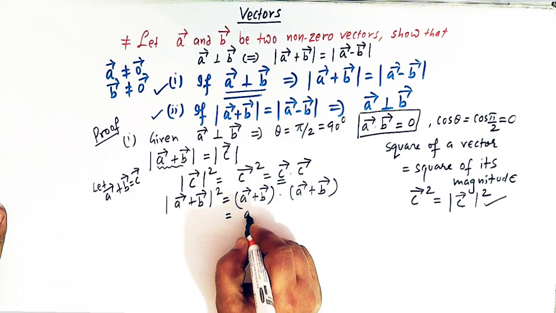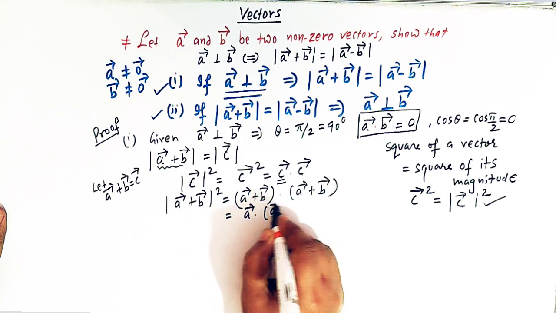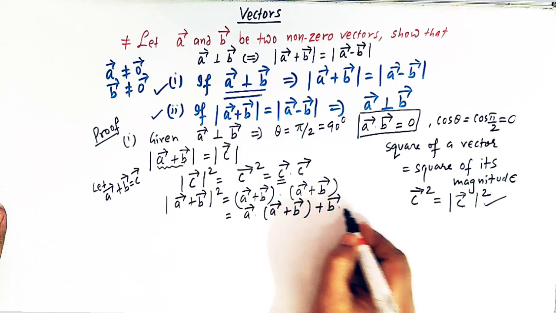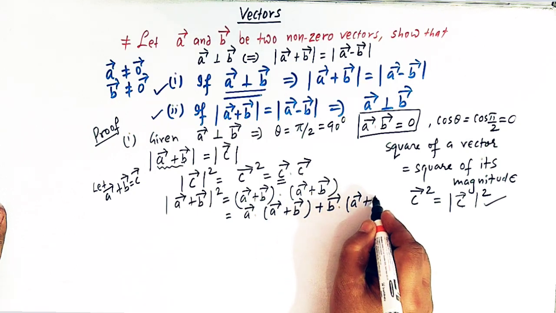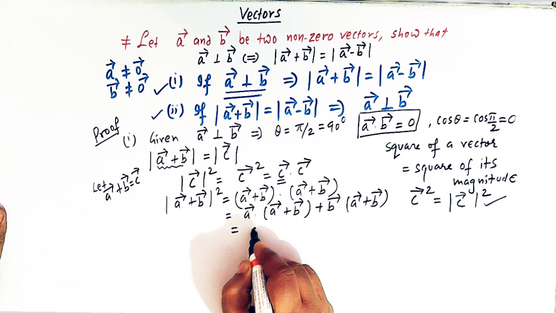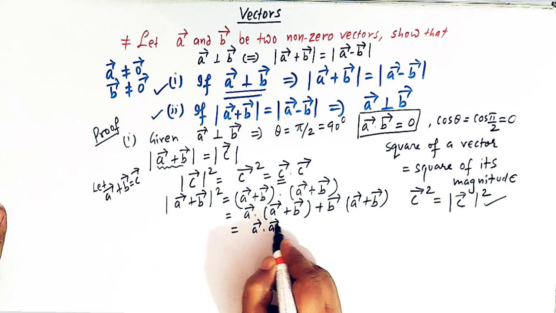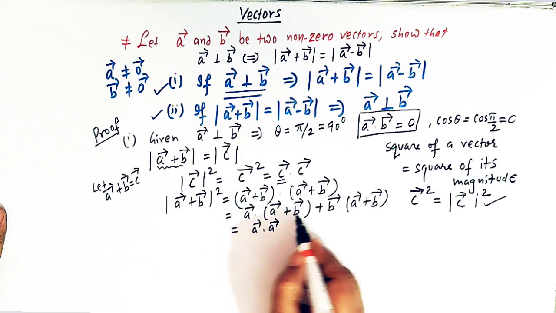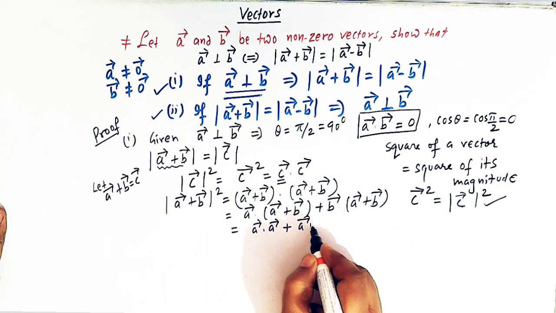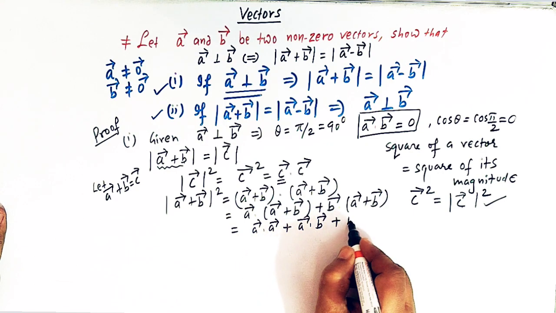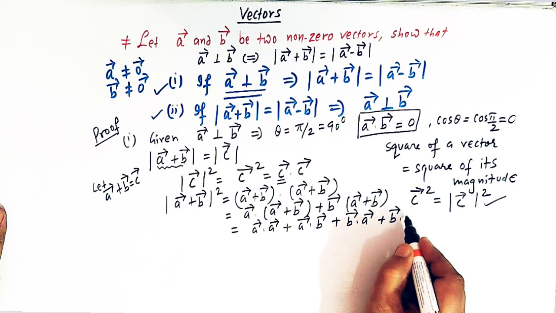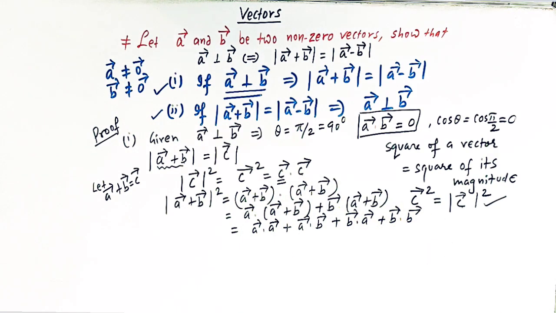First we'll take A dot A plus B, then B dot A plus B, right? Using the distributive property, we have A dot A, then A dot B, then B dot A, and then B dot B, right?